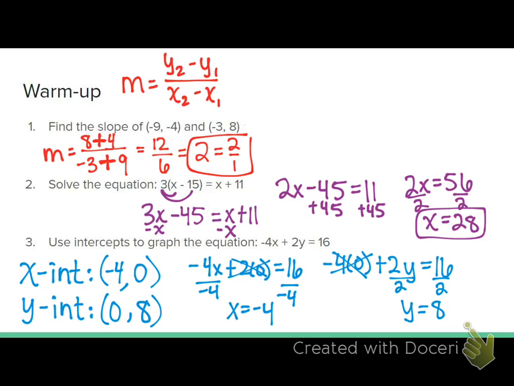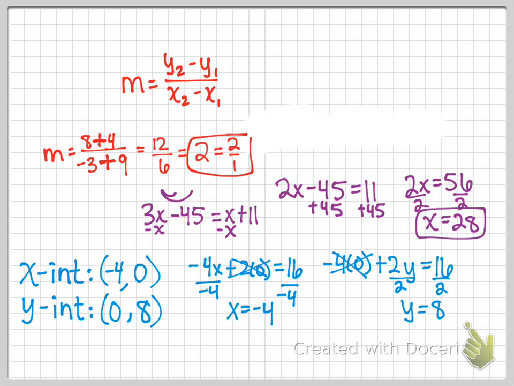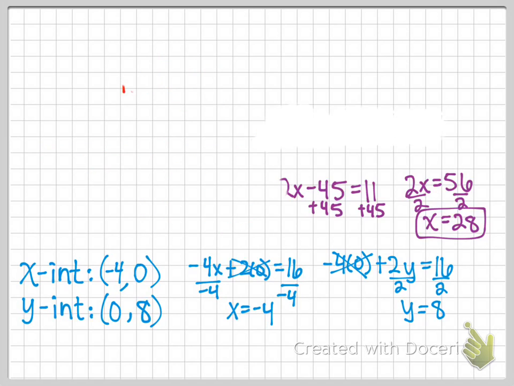So when we graph those points, let me pull up a grid here. And I'm going to erase some of this stuff above. Y-intercept. Well, that'll be close enough.